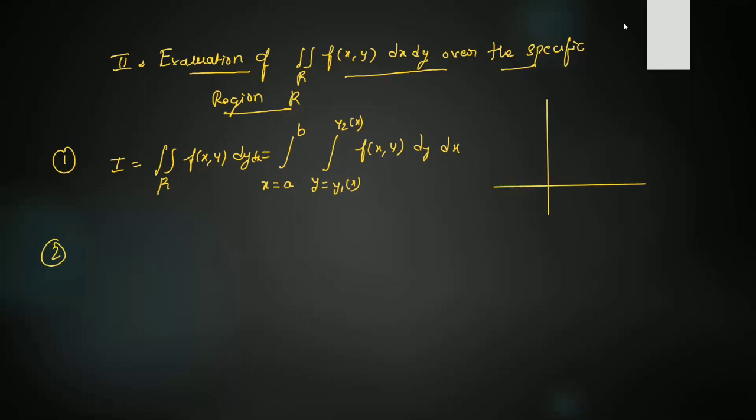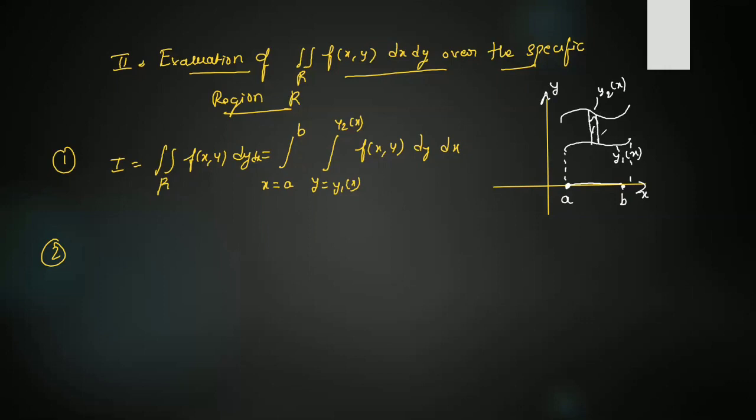For example, x is from A to B, and there are curves y1 of x and y2 of x. When I say x varies from A to B, this is the independent variable varying from here to here. Okay, and our region is this.